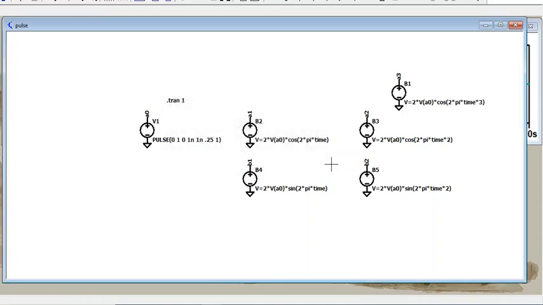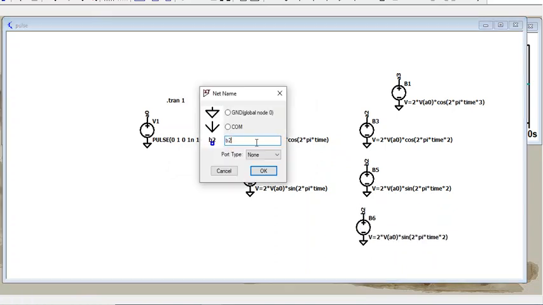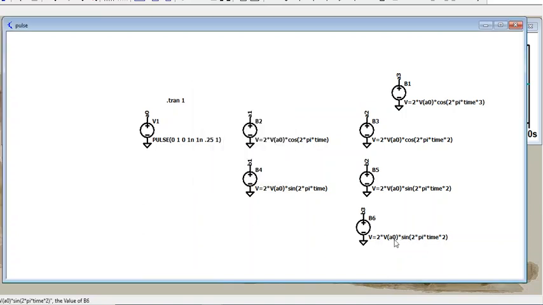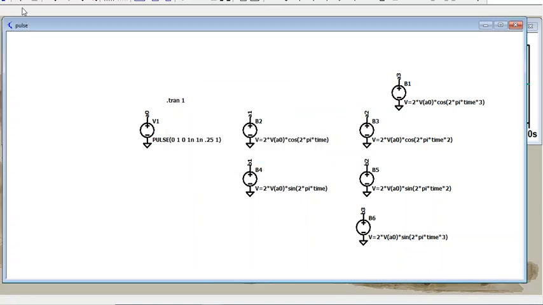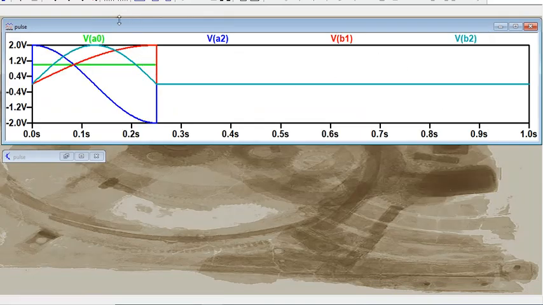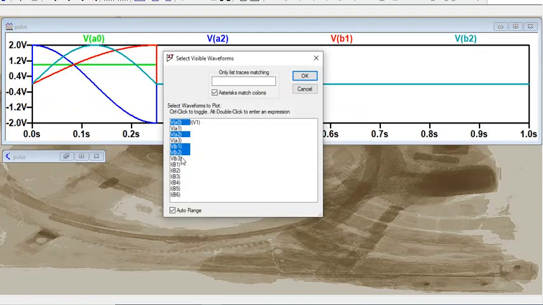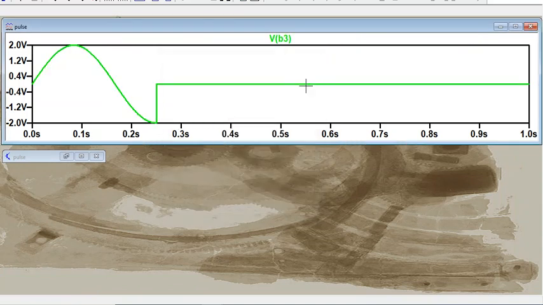If we want B3, we multiply by the third harmonic. Okay, we run those, and let's do B3 first.